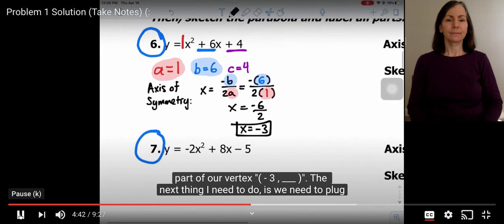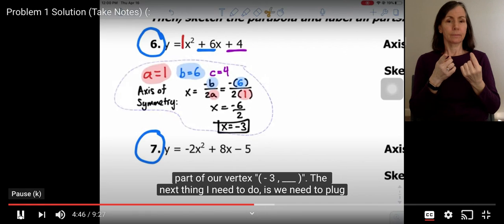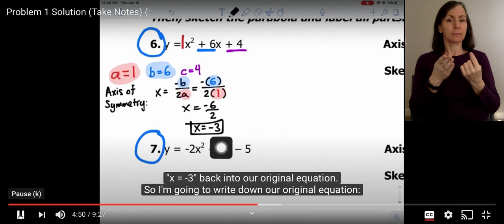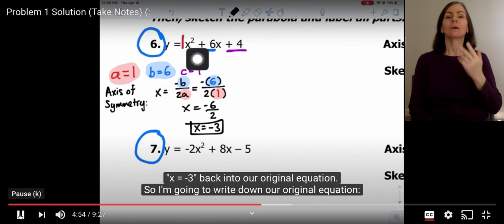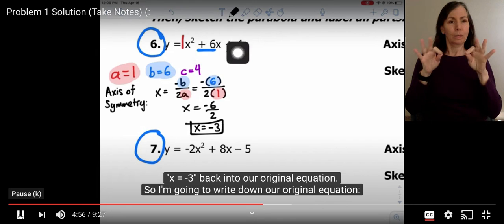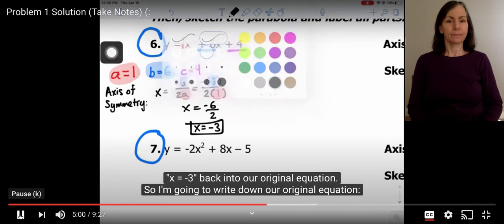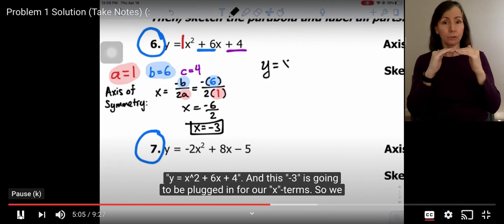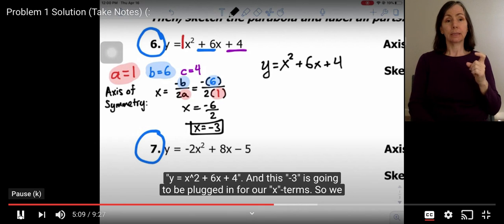The next thing I need to do is we need to plug x equals negative 3 back into our original equation. So I'm going to write down our original equation. Y equals x squared plus 6x plus 4.